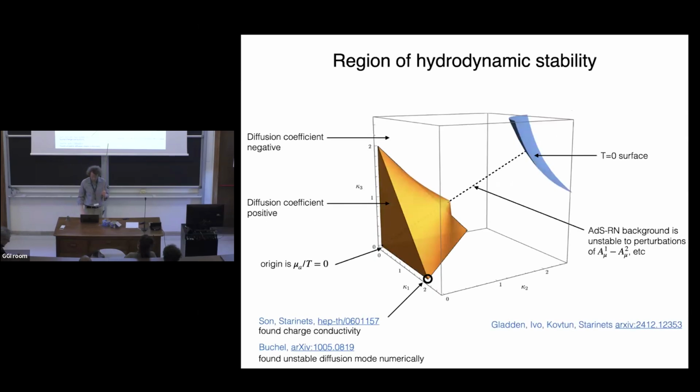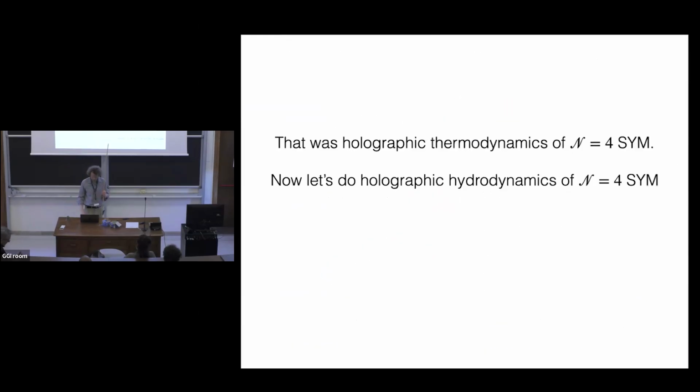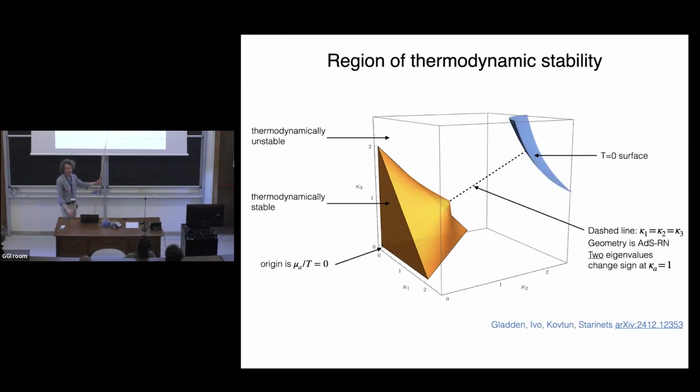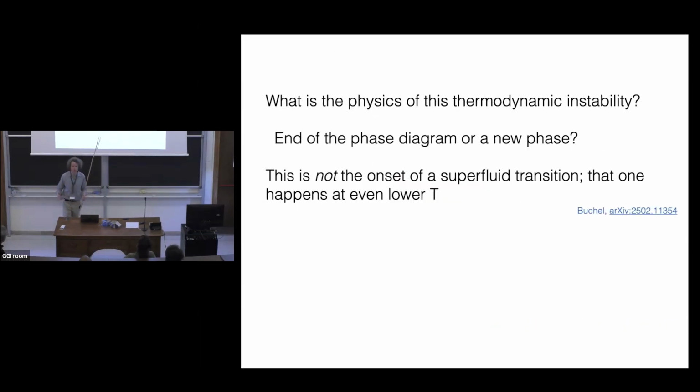One question that I wanted to comment on is this recent paper by Buchel, where he comments on the relation between the superfluid instability and this instability here. But in order to see the superfluid instability, you have to have extra degrees of freedom, complex scalars. So you add these complex scalars according to the consistent truncation, and then you see what the effect is.